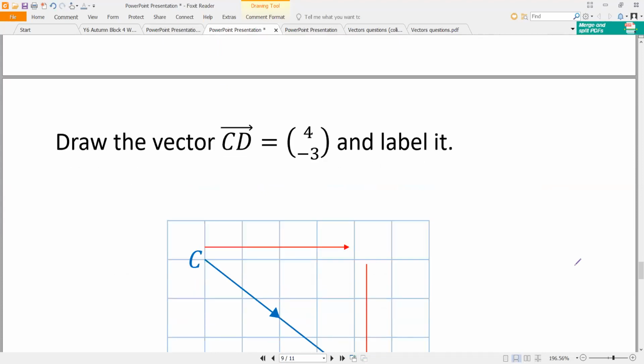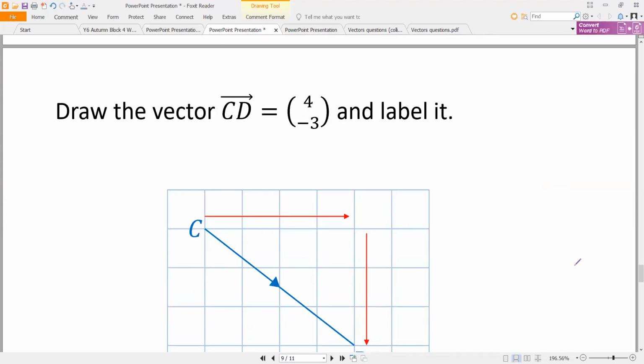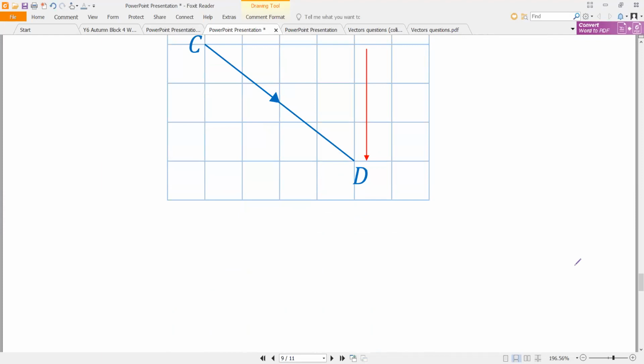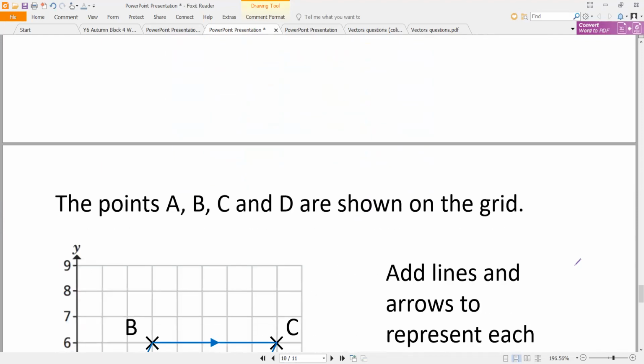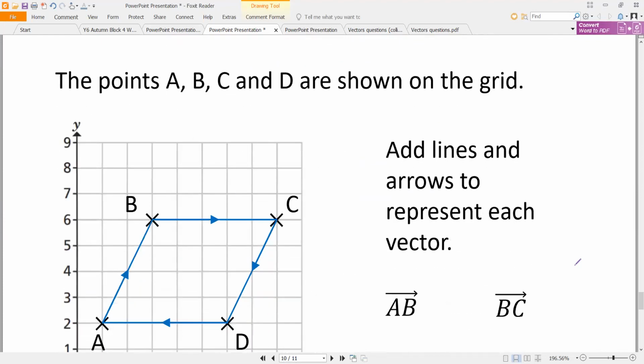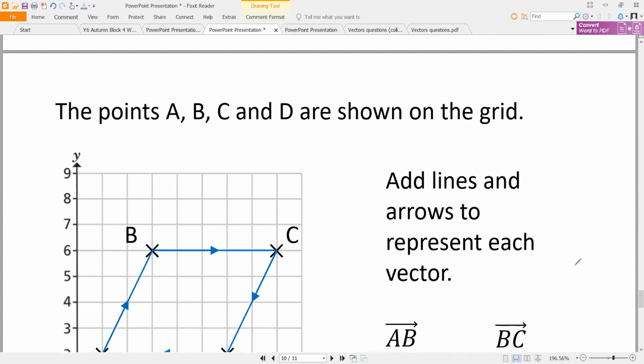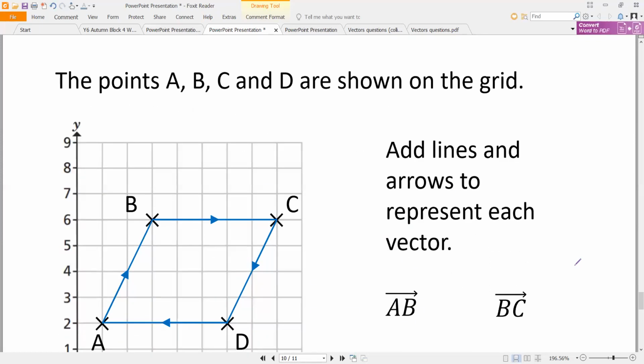All right. The next, you can draw vectors given any figures. The points A, B, C, and D are shown on the grid. Add lines and arrows to represent each vector.